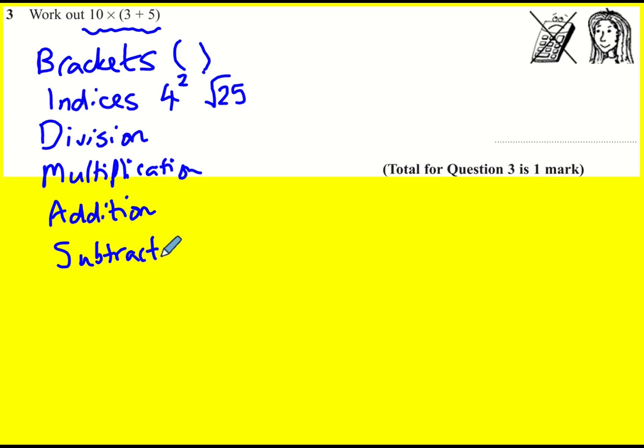Now, just a little note. If you have a division and a multiplication in the same number sentence, so what I mean by that is, for example, this, 8 multiplied by 2 divided by 4, you don't have to do this bit first, just because it tells you to kind of before multiplication.